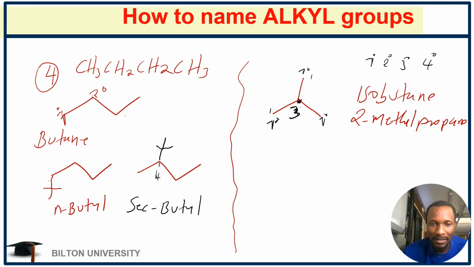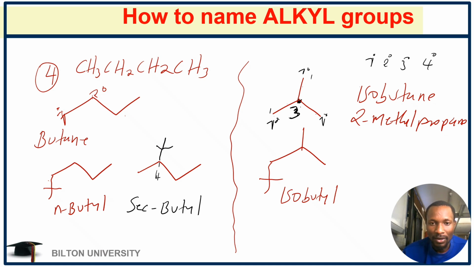So if it happens that in any of the primary carbons it is bonded to something else, then in this case we'll call it isobutyl. So isobutyl is a structure formed when something else is being bonded to isobutane.